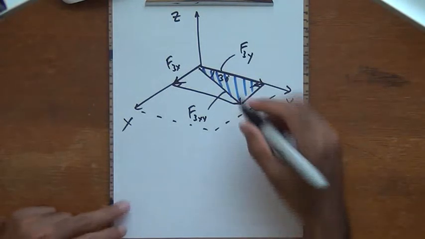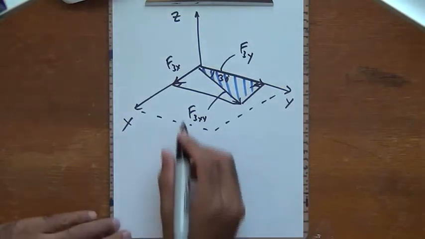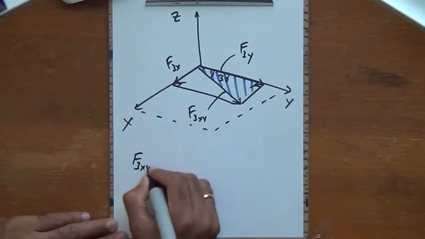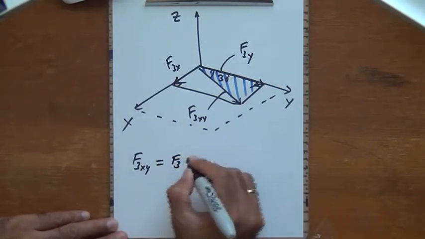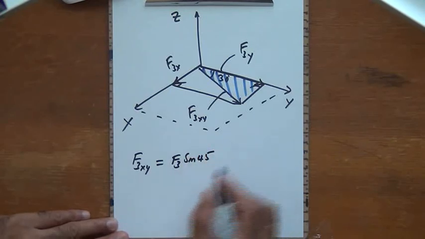And F3xy I already know from beforehand. F3xy is going to be F3 times sine 45.